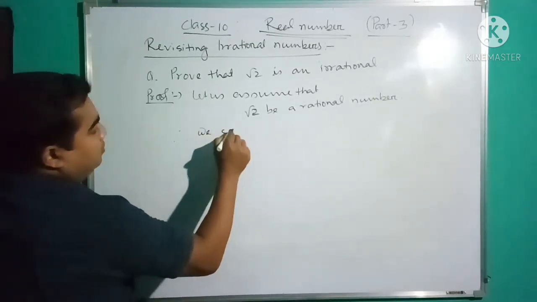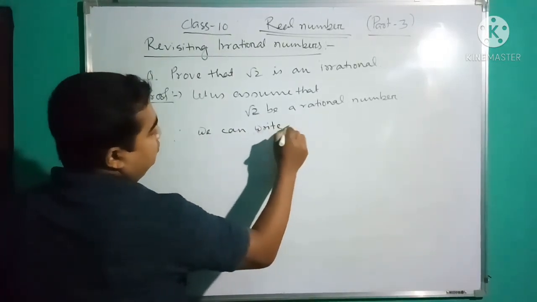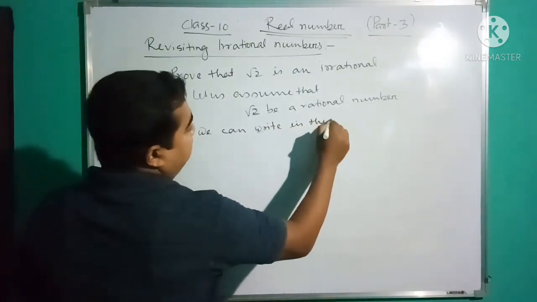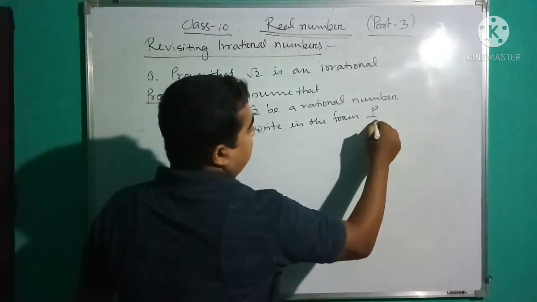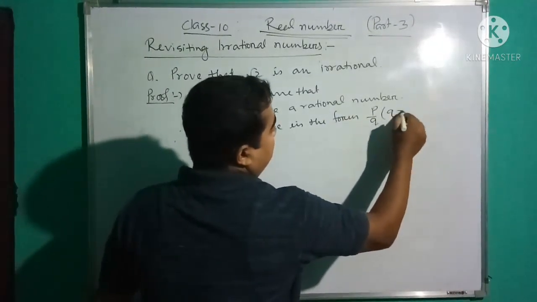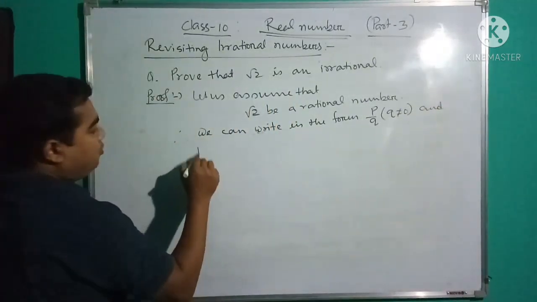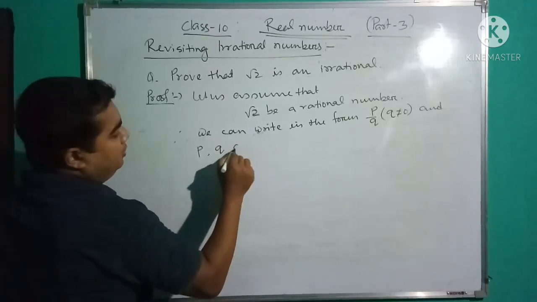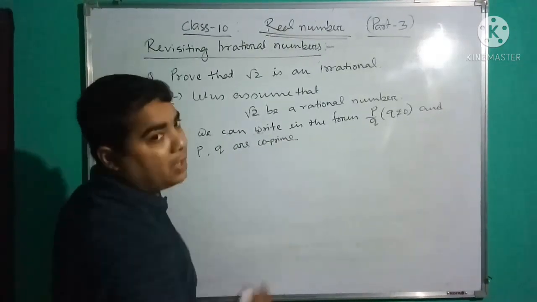We can write it in the form p by q, where q is not equal to 0 and p, q are co-prime.